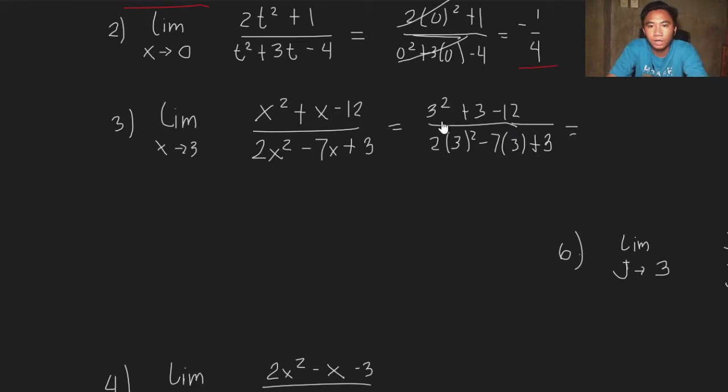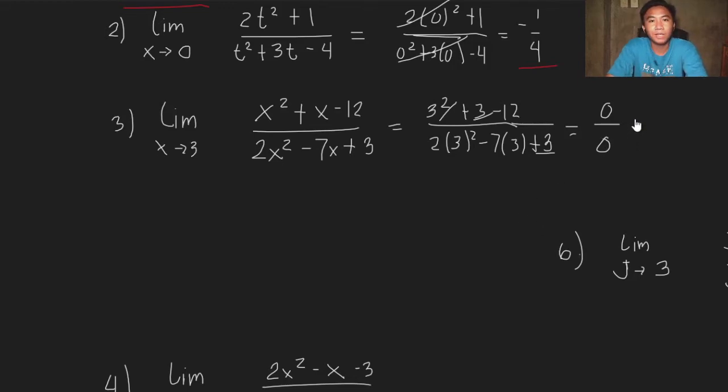So, 9 plus 3 is 12. 12 minus 12 is 0. All over 2 times 3 squared is 9. So, 18. 18 plus 3 is 21. 21 minus 7 times 3, 21. So, 21 minus 21 is 0.